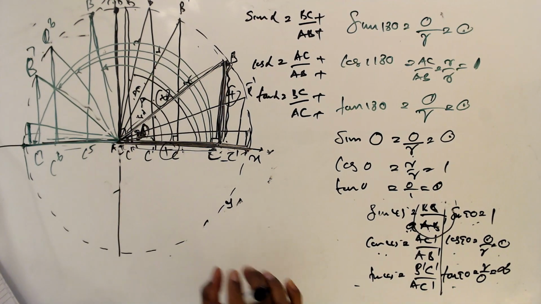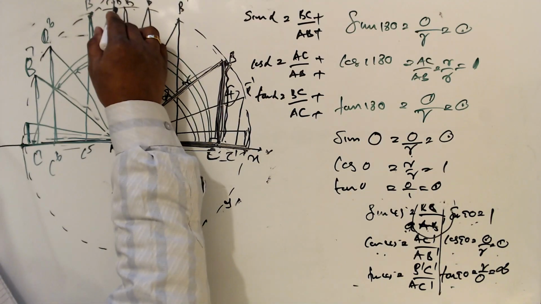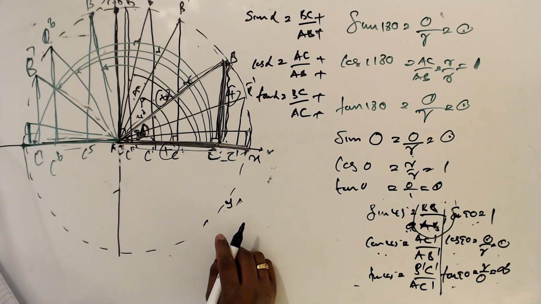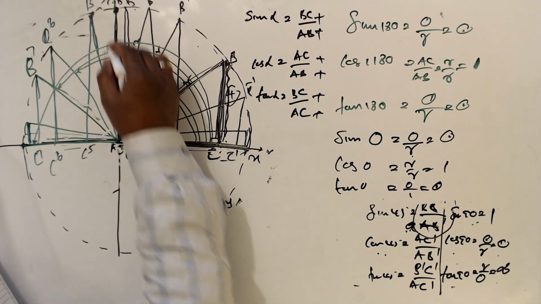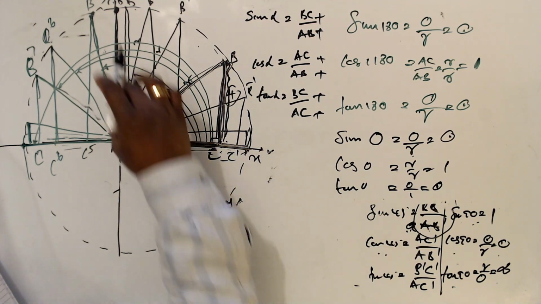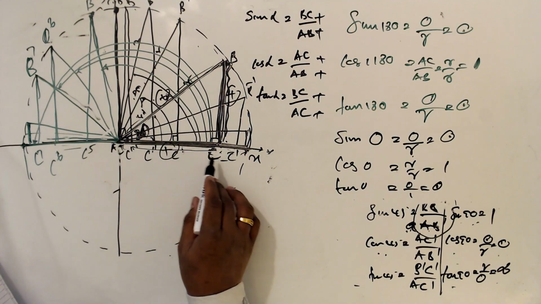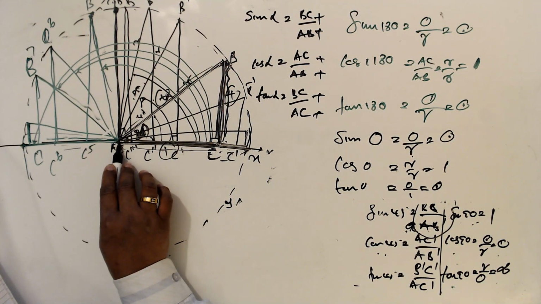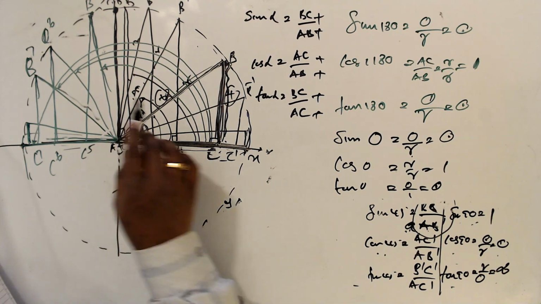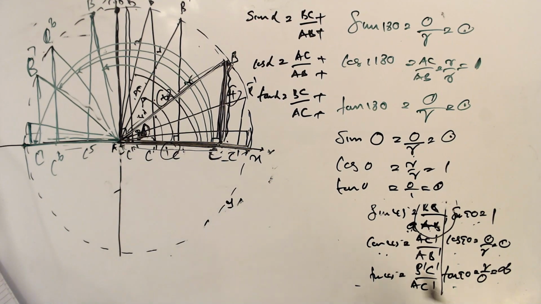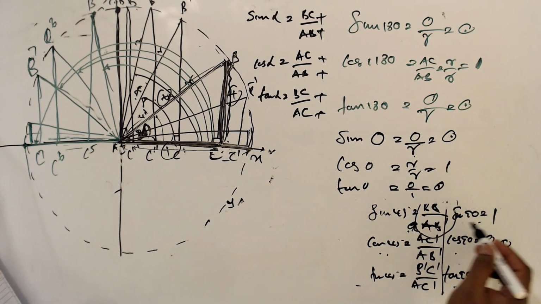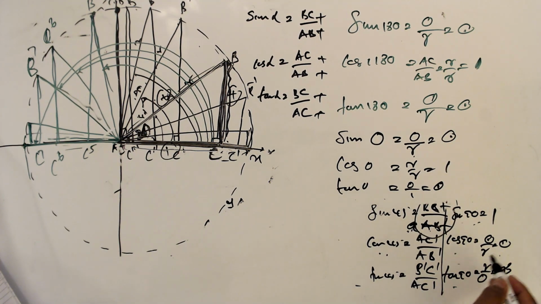What will happen when it is 90? When it's 90, this is positive, and the C value becomes 0, still positive. And this hypotenuse overlaps on this one, still positive. So sine 90, what will happen now? This is positive, and the answer is positive. This is positive, and the answer is positive.